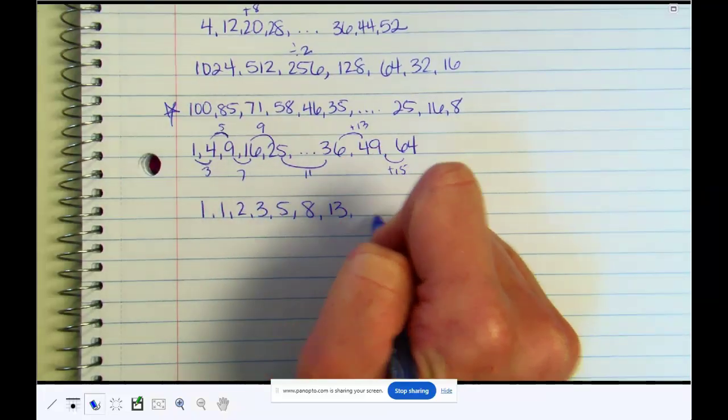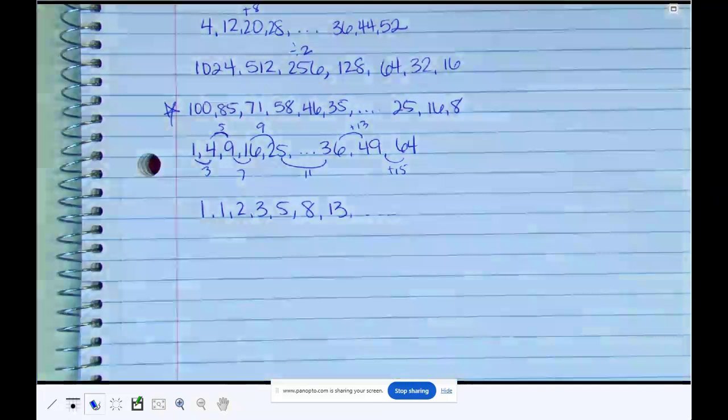Okay. Only the next one here. This is actually a very famous sequence. It actually has a name, named after the guy who came up with it. This one's harder.